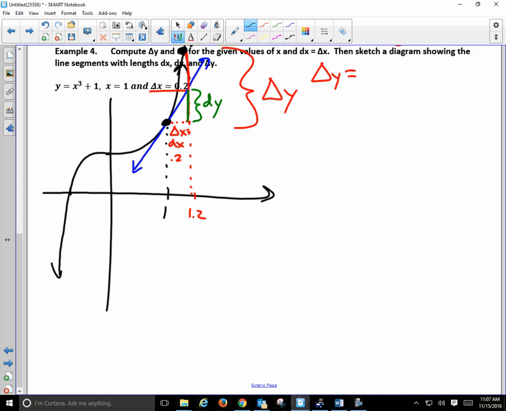But for delta y, we need to do something else. I need these two y values, correct? Do you know what the y value is here? 2. Why? You plugged in 1 and you got 2. So how would I figure out this y value? You'd plug it in. So you're going to do y of 1.2 minus y of 1.